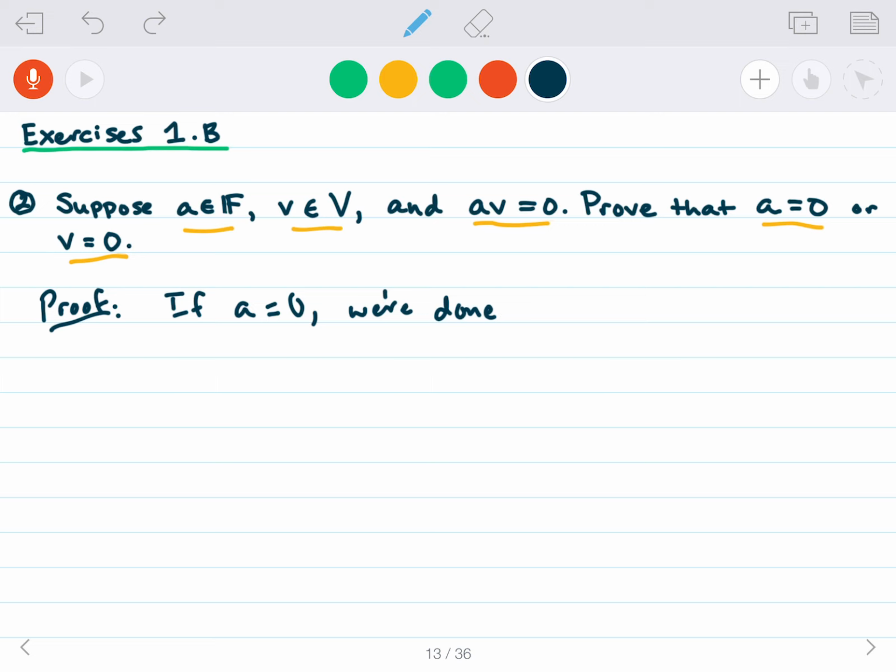And the second case is if A is not 0. So suppose A is not 0.